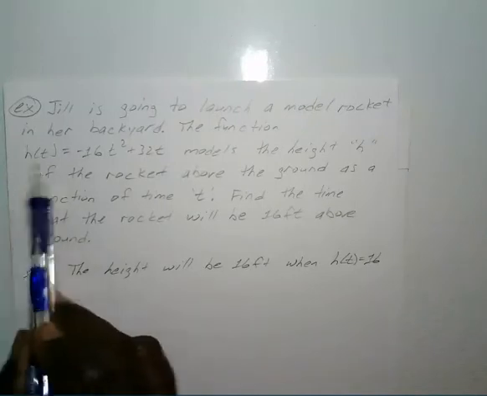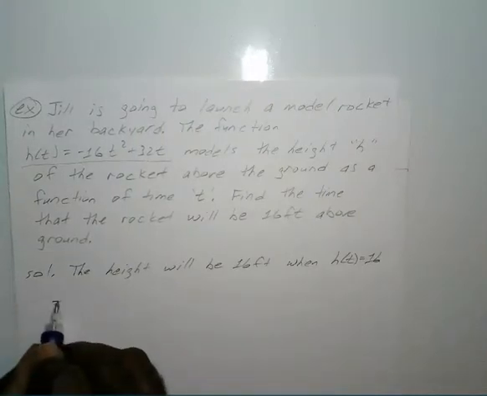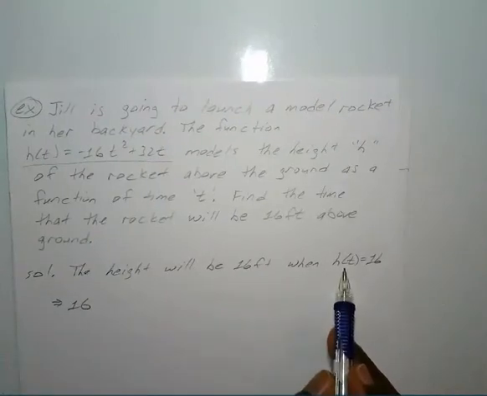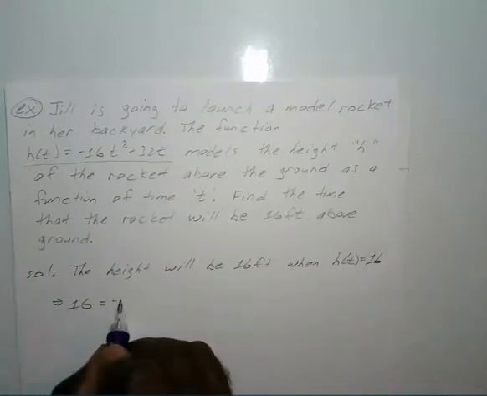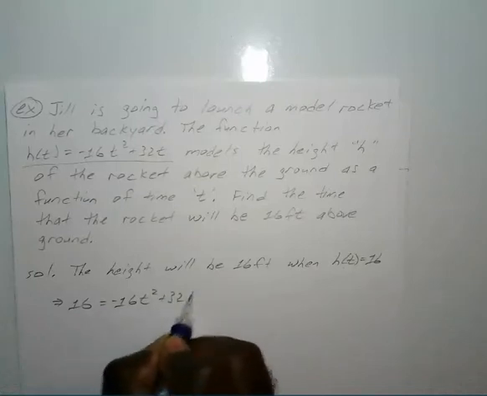So instead of h of t equals negative 16t squared plus 32t, we will actually have 16, because we're going to replace that h of t. 16 equals negative 16t squared plus 32t.